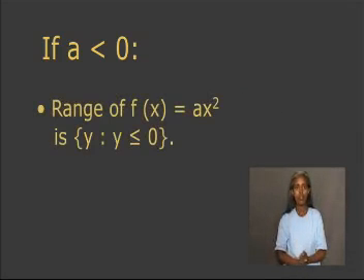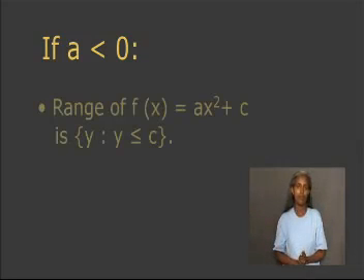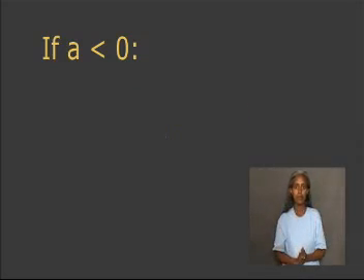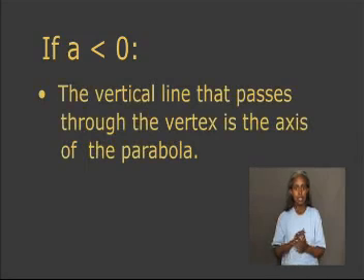For ax squared, the range is y, such that y is less than or equal to 0. For ax squared plus c, the range is y, such that y is less than or equal to c. The vertical line that passes through the vertex is the axis of the parabola.